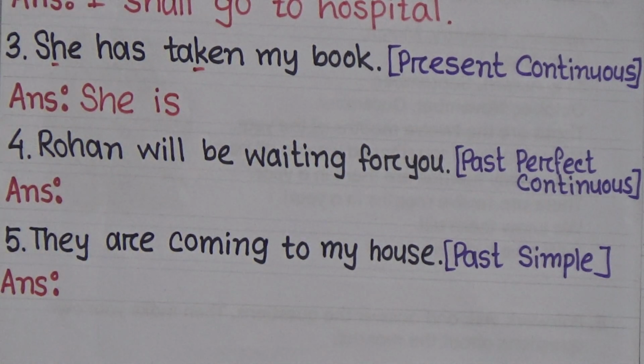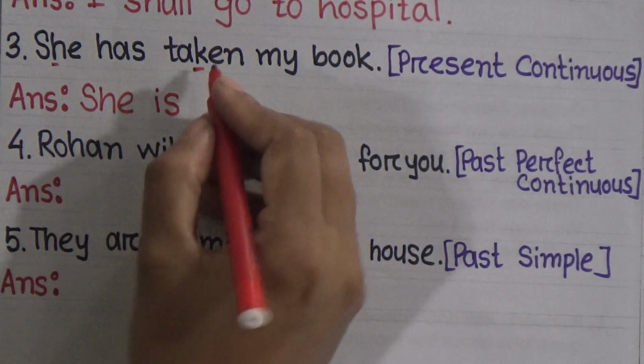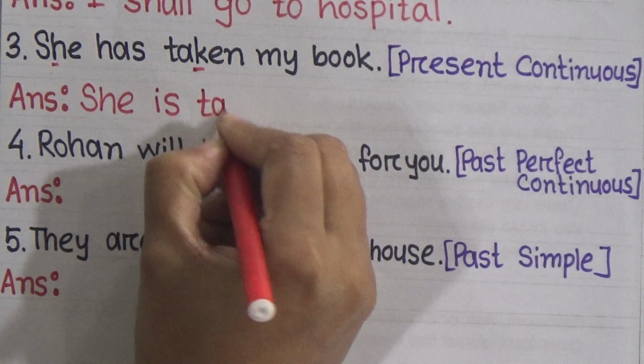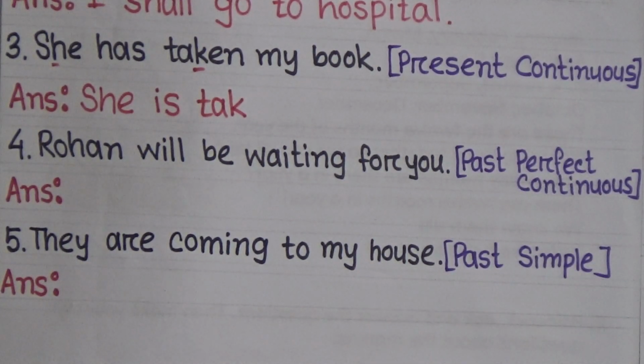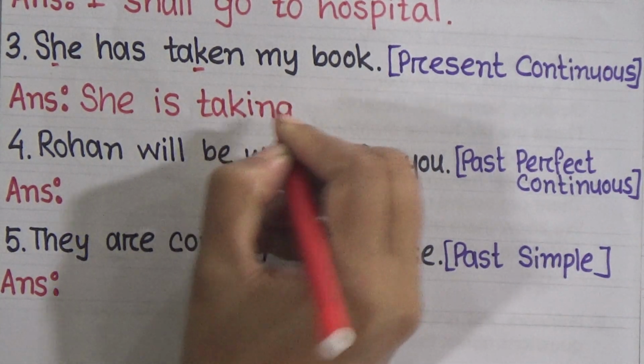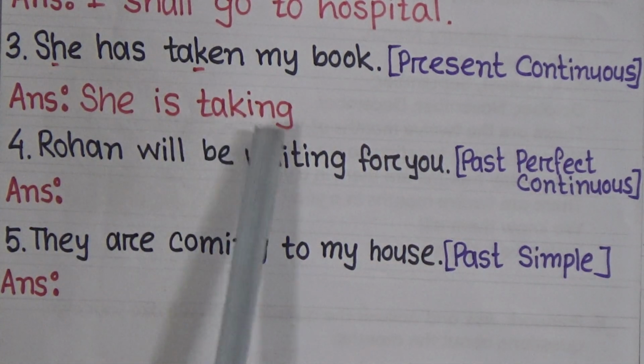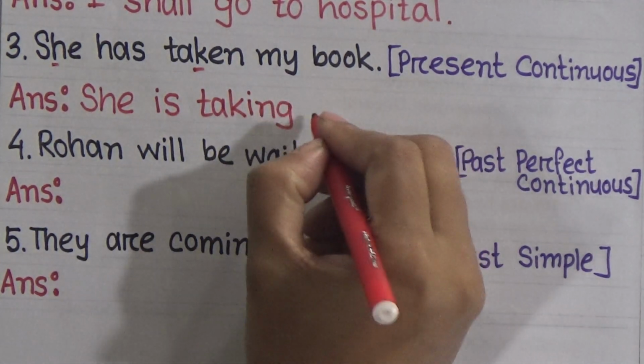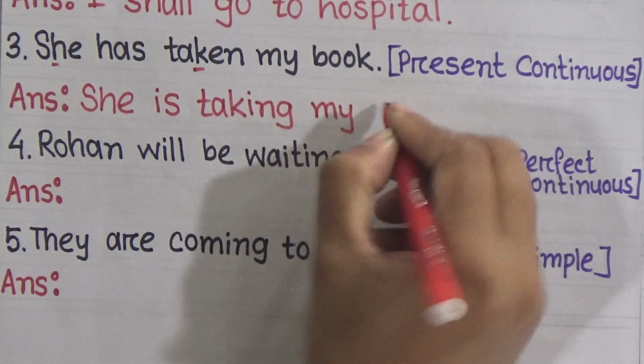This is past participle form of the verb take. And the base form is take. So we can't write the base form, we have to write the ing form for the present continuous tense, and we have to write taking, T-A-K-I-N-G. She is taking, then rest of the sentence, my book.